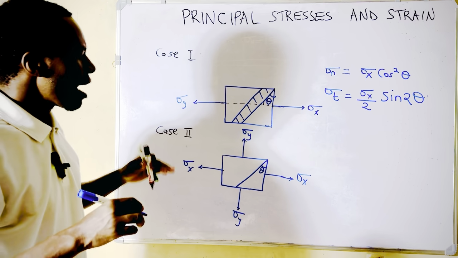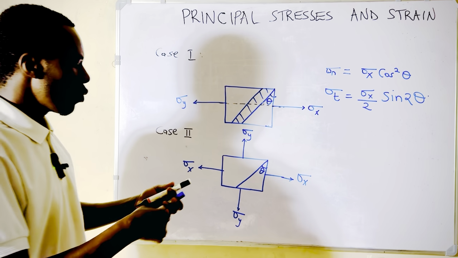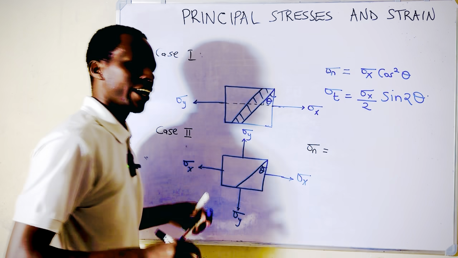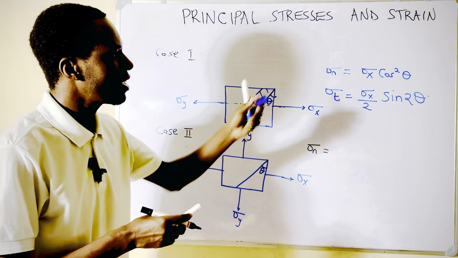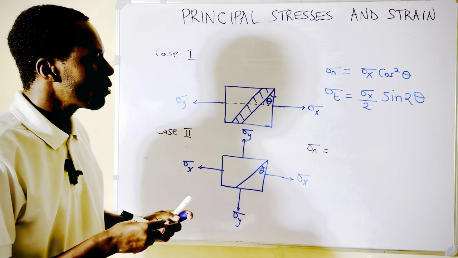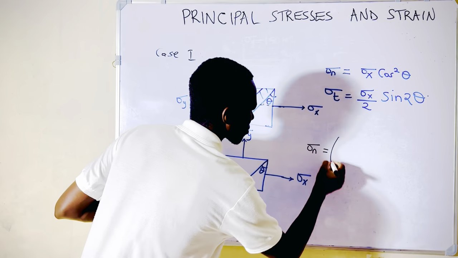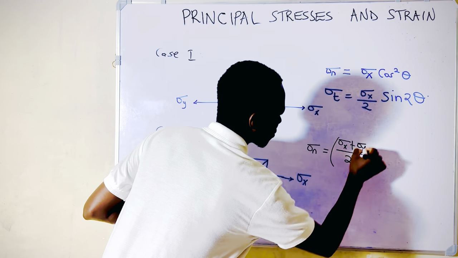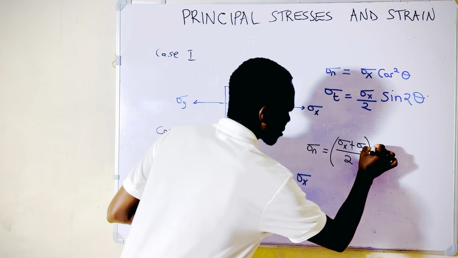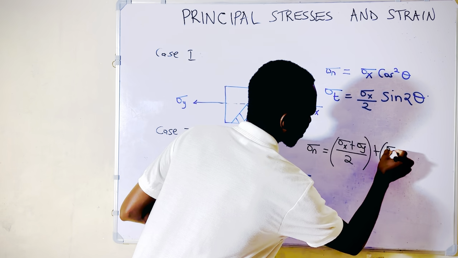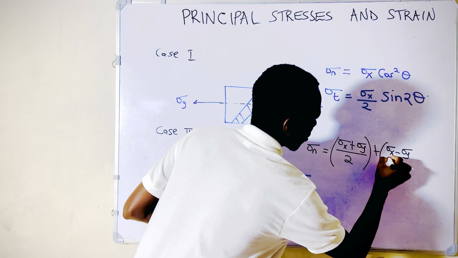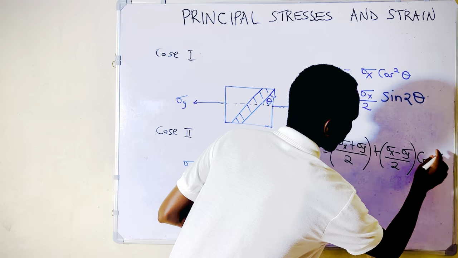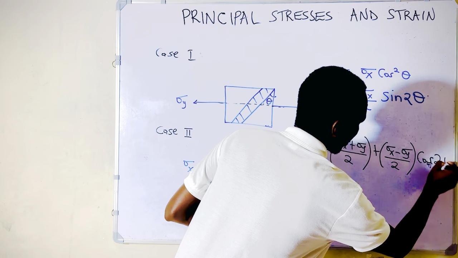Now what happens in this case is that we also have to find the sigma n, a different scenario altogether. The formula that will help you to calculate this is sigma x plus sigma y by 2, plus sigma x minus sigma y by 2 times cos 2 theta.